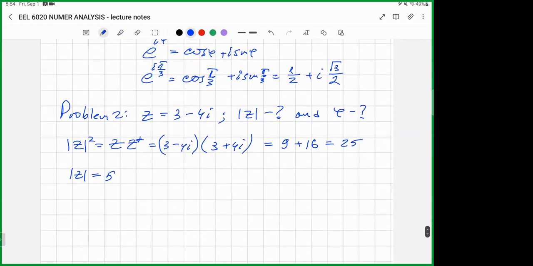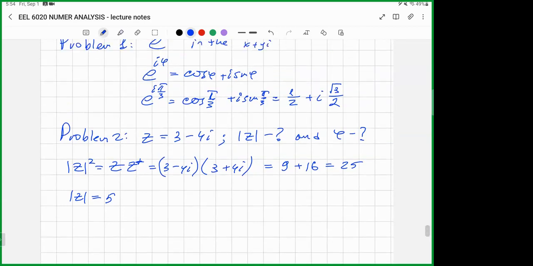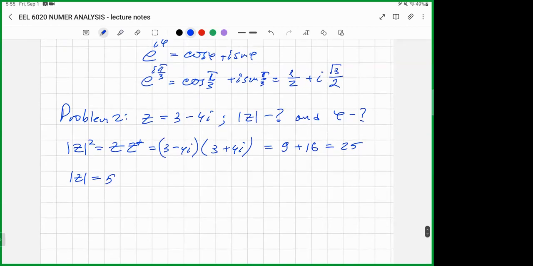All right. So for the phi, I probably forgot to define this phi, but let's derive it now. We know that cosine phi is equal to x over modulus z, and sine phi is equal to y over modulus z. Let's divide sine by cosine.